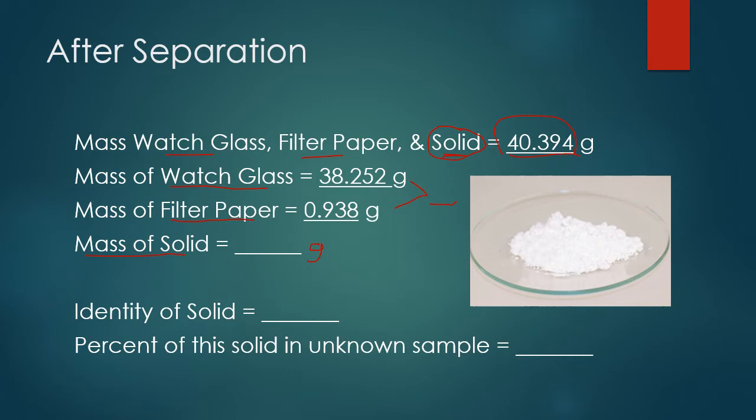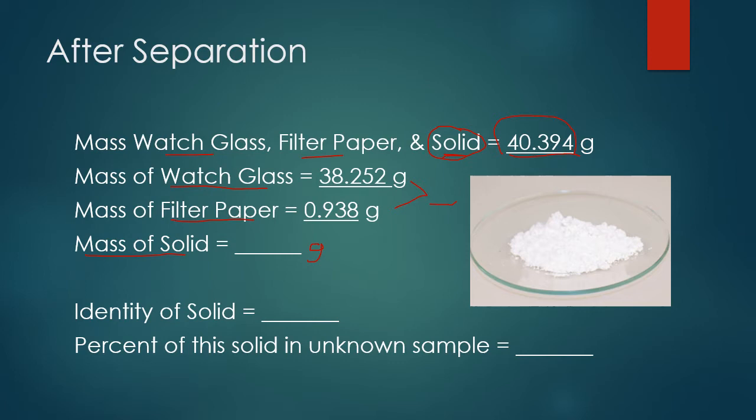We then added 3 molar hydrochloric acid to the filter paper, and what that did is it dissolved one of the substances but left behind this substance. So this substance is insoluble in both water and also insoluble in the HCl, because after we added HCl to it, it still remained on the filter paper.